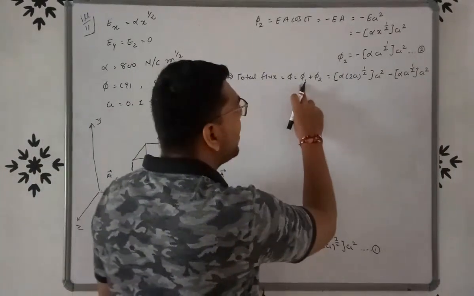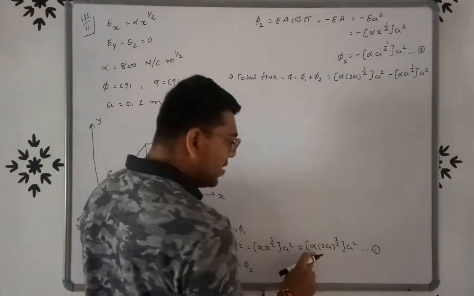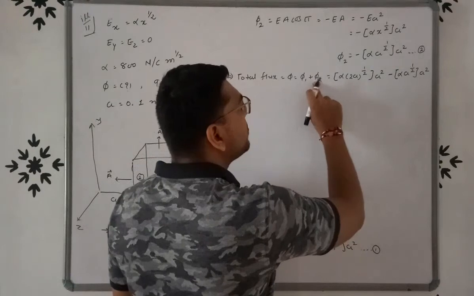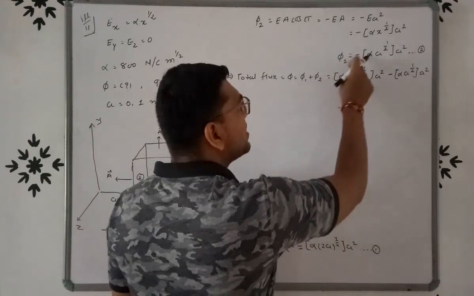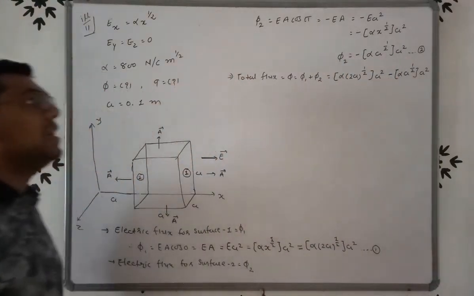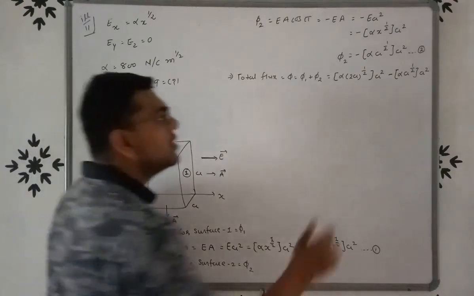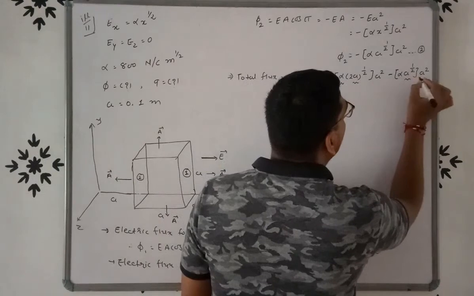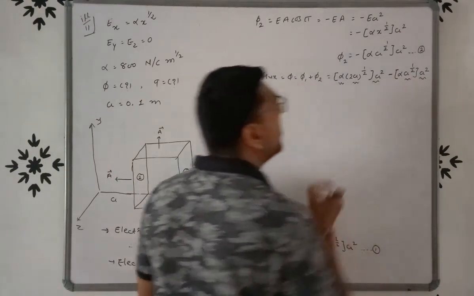So here we put the value of phi 1 and phi 2. Phi 1 is alpha 2A raised to 1 by 2 into A square, plus phi 2, but phi 2 is negative, so plus minus, minus alpha A raised to 1 by 2 into A square. Now here friends, alpha A raised to 1 by 2 A square is common, right?